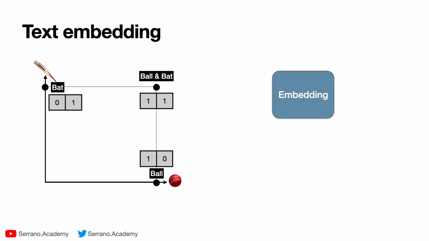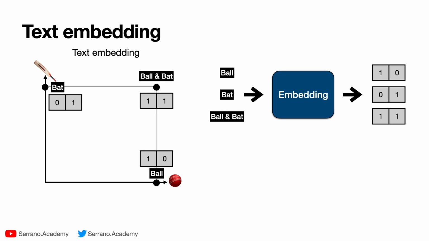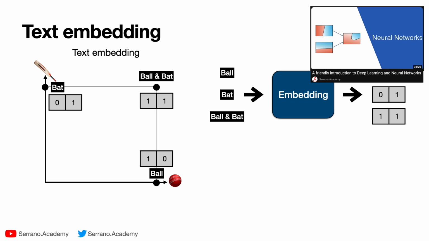Now, all we have to do is build an embedding that will send these 3 sentences, ball, bat, and ball and bat, to the corresponding vectors. Now, I'm going to be building small neural networks here, and they're pretty self-explanatory because they're made of vertices and edges. But if you want to know more about them, check out this video on my channel about neural networks.